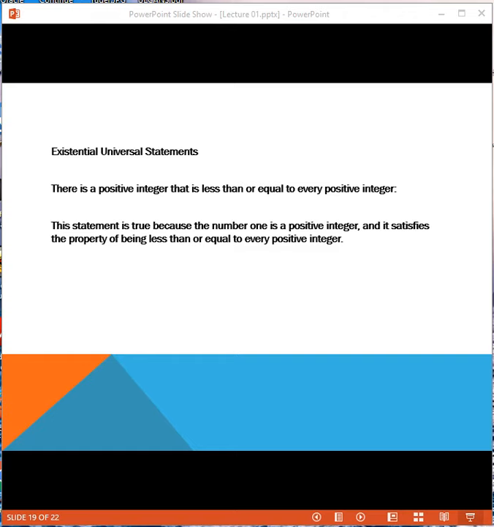We see the earmarks of existential: there is a, or there exists a positive integer that is less than or equal to, and here we see the characteristic qualifier of a universal: every positive integer, or any positive integer, or all positive integers.